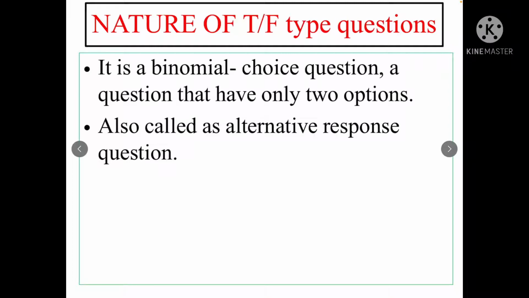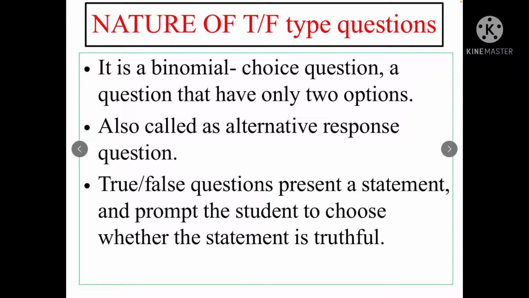These true-false questions are also called alternative response questions. True-false questions present a statement and prompt the students to choose whether the statement is truthful, means the student will verify the given statement, whether it is true or false, by using their knowledge and understanding.